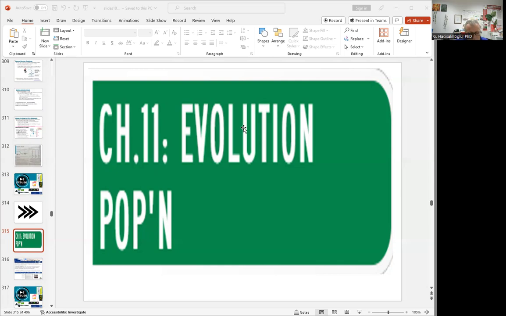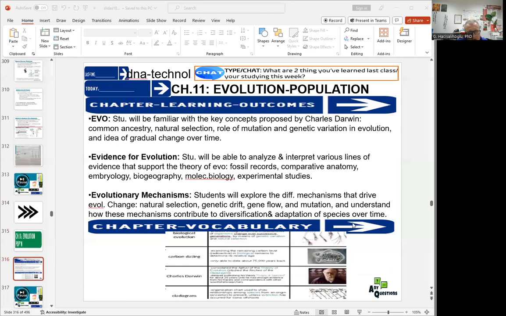So a couple of things about chapter 11. This covers basic evolution, evolutionary evidence, mechanisms, and techniques. Some vocabulary: carbon dating, Charles Darwin, cladograms, biological evolution. You might want to look up and study these.